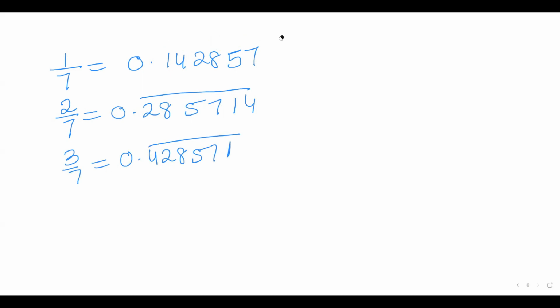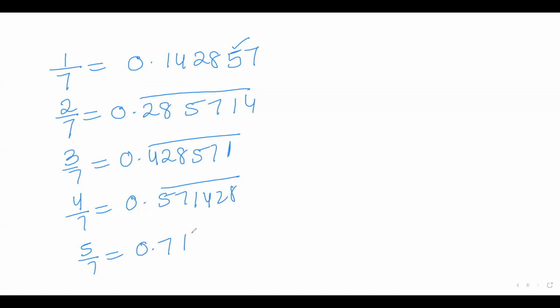Next number, 4 by 7. Take ascending order. After 4, 5 will come. So start with 5. 0.571428 will be the answer. For 5 by 7, the next number after 5 is 7. So you will get 0.714285.